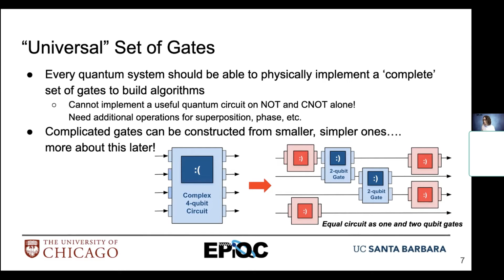So this universal set of gates is often a set of single qubit gates with a 2-qubit operator, and with those gates you can approximate any arbitrary algorithm that you would need to execute on a quantum device.